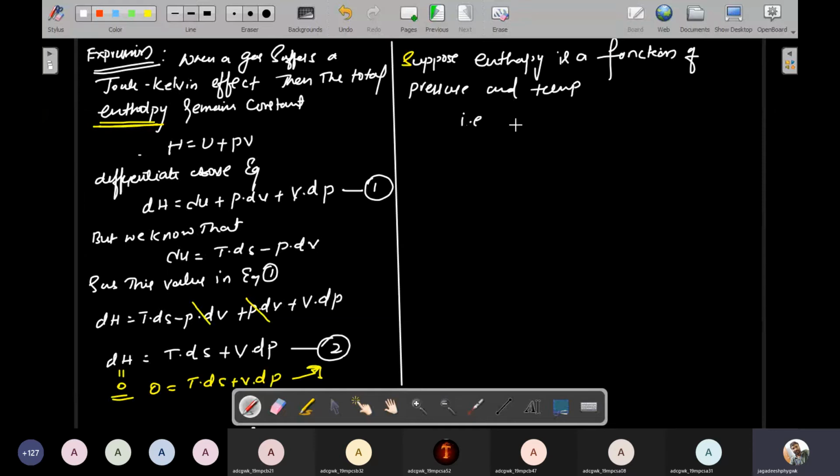That is, we can simply write S is equal to S of pressure and temperature.